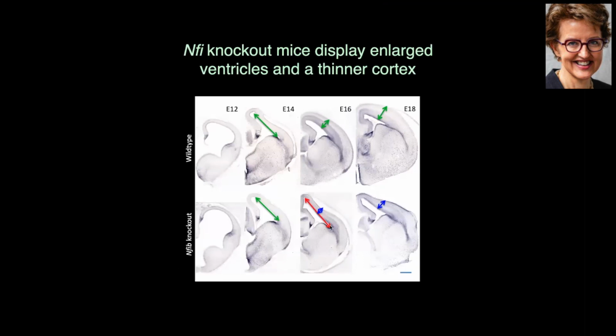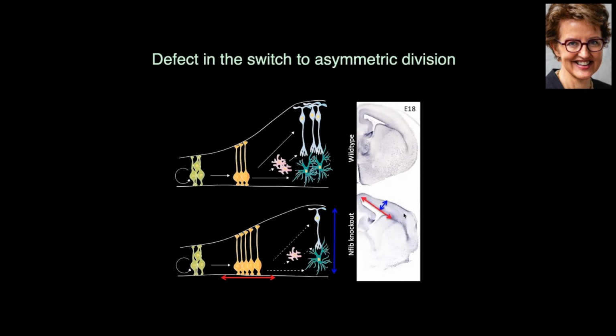The cells remain in this symmetrically dividing state for much longer than they should, and fail to transition into this asymmetric division until much later. And so in the NF1B knockout, we see a thinner cortical plate initially, but a much more expanded ventricular zone.